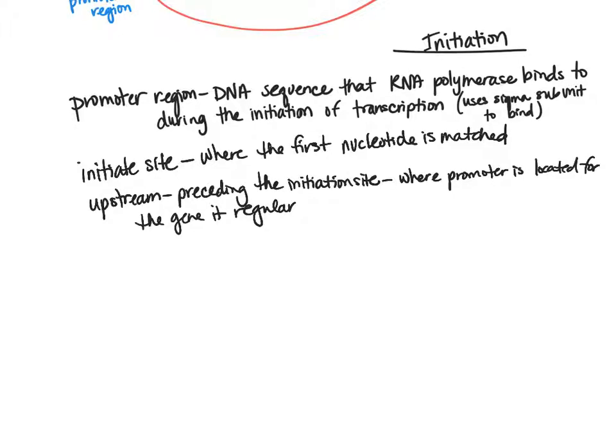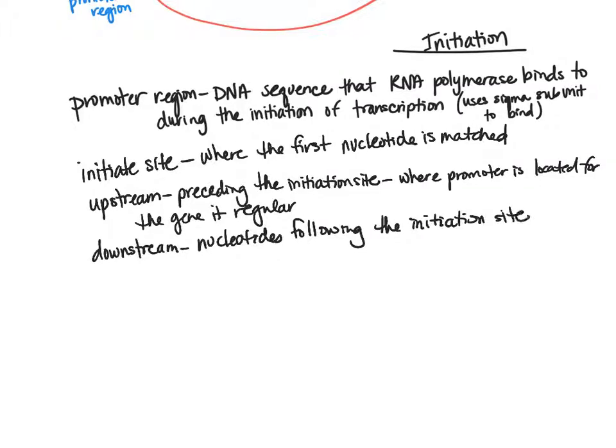Then we're going to lay down our first nucleotide at the initiation site. So upstream to the initiation site, preceding it, is where we have our promoter. Then downstream is where we have our nucleotides that are following the initiation site.